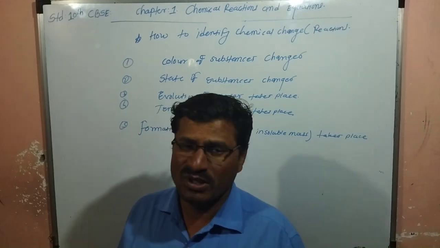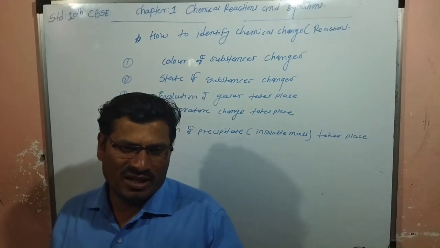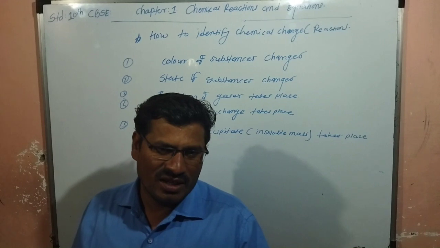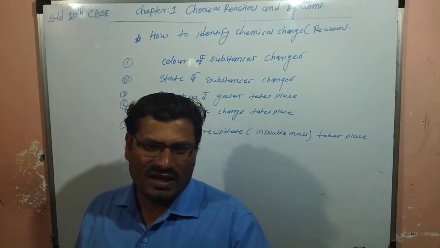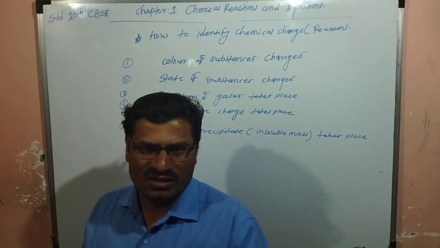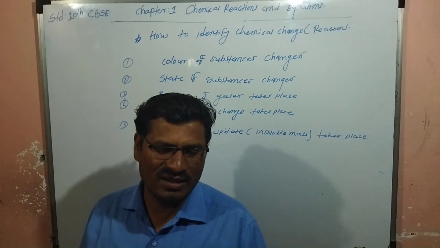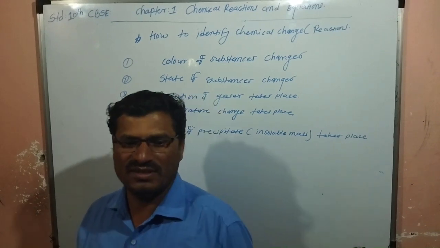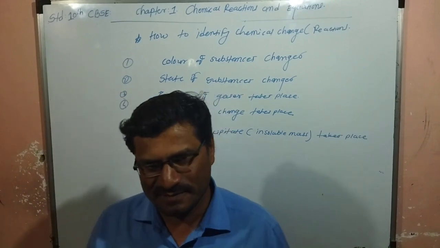So we'll do the definition of chemical change or chemical reaction. A chemical reaction is a process in which reactants are getting converted into products. That means substances which are taking part in the chemical reaction are getting converted into new substances. Then only you can say chemical change takes place.